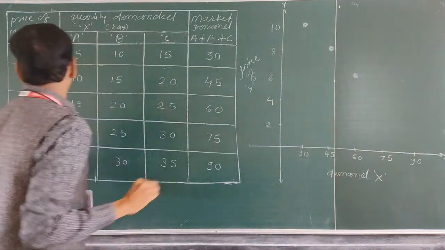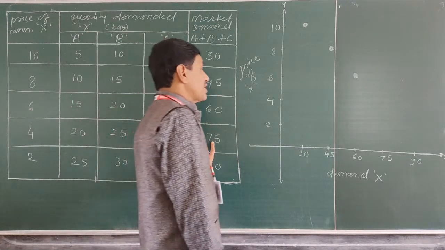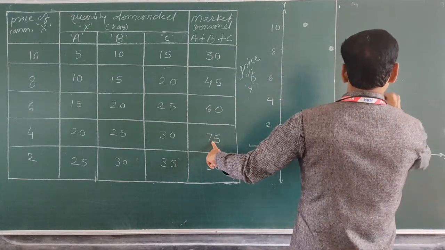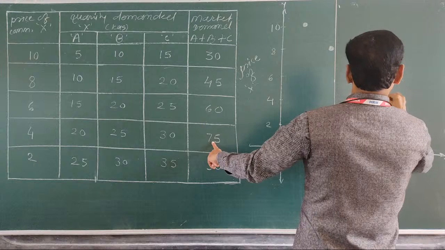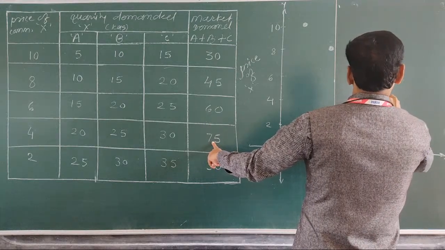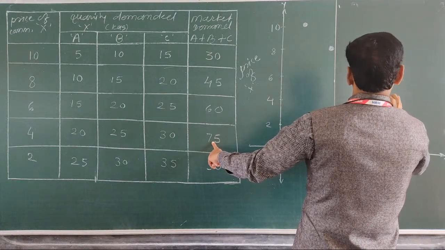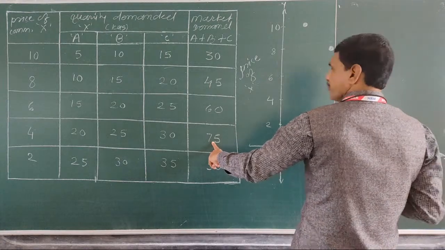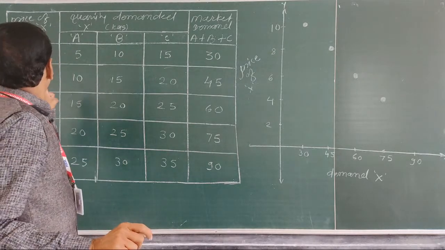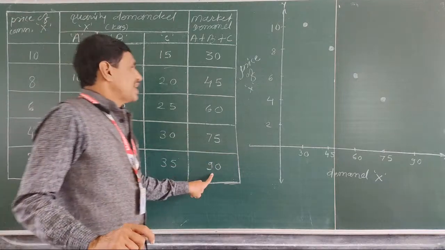Then price of commodity X is rupees 4, market demand is 75 kilogram. And price of commodity X is rupees 2, market demand is 90.